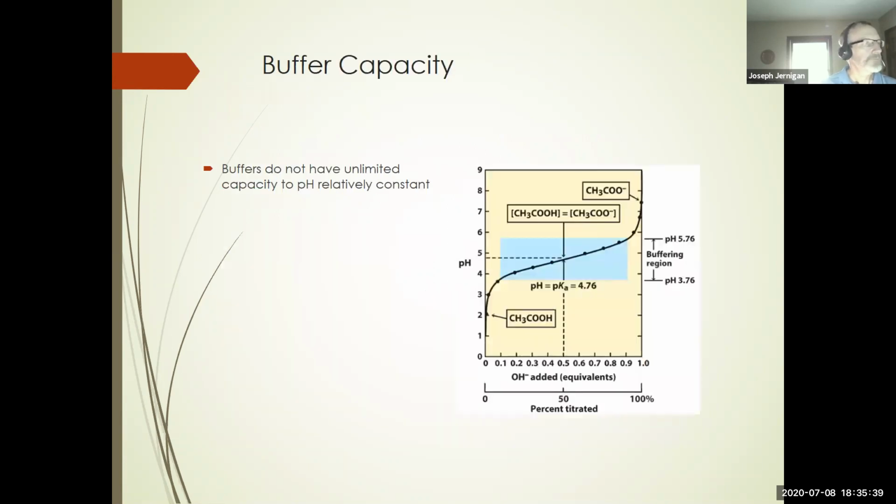Okay. One other concept that we'll touch on here is buffer capacity. You need a certain concentration of acetate ions and acetic acid, a certain concentration of each of those species, in order to have a buffer, okay? They do not have unlimited buffer capacity.